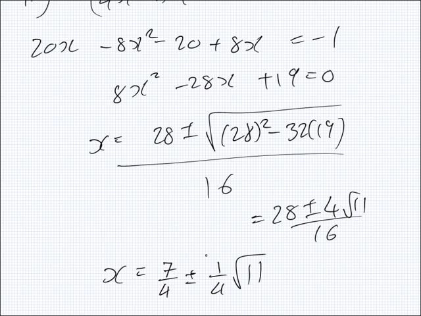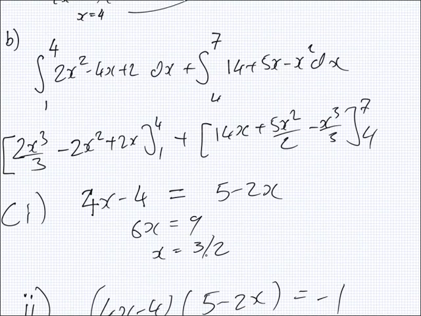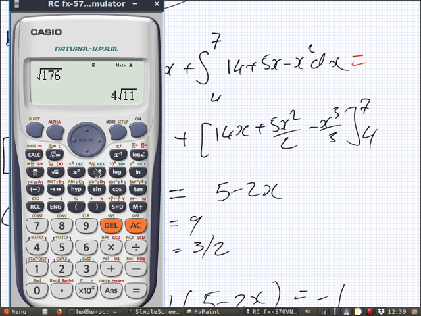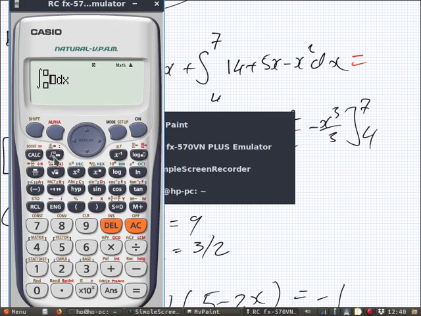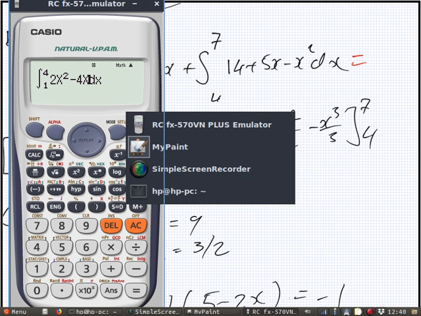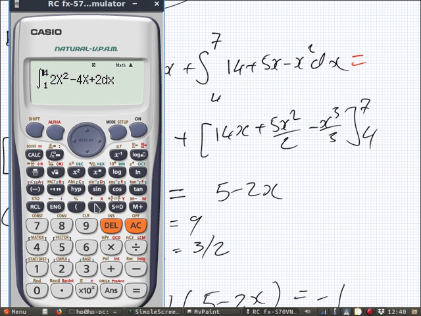I'm sorry, since there's just a little bit of time, what I'll do is I'll just give you the answer for this part if you want it. So I'll just type it in. What's the limit? 1, 4, 2x squared minus 4x plus 2. Can I put in 2 integrations?